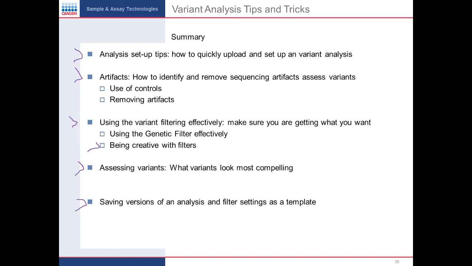So it's up to you what variants you want to look at. A lot of times people are interested in essentially somatic subtraction. So you say, well, what's unique in my tumor that was not in my control sample?